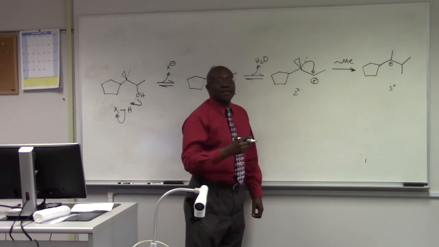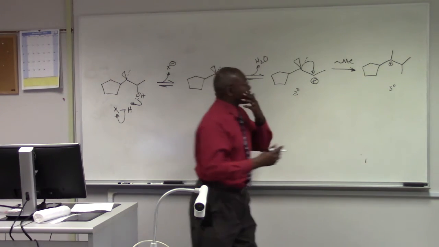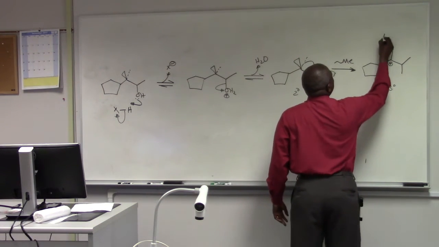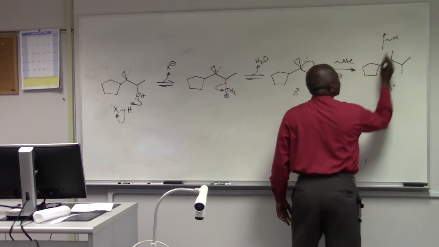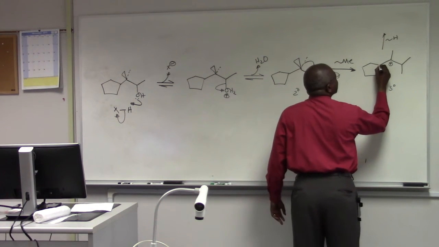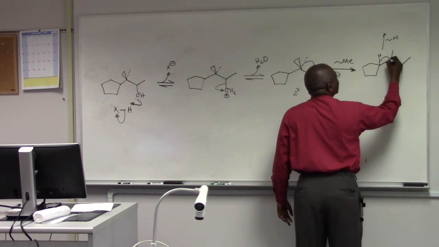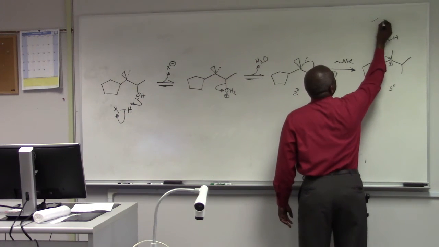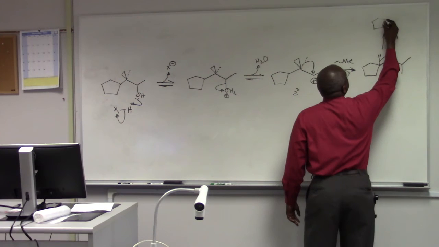That tertiary carbocation can rearrange in several ways. One, for example, is I can do a hydride shift, because there's an H in this position. I'll draw that one, and that's going to give me another tertiary carbocation.